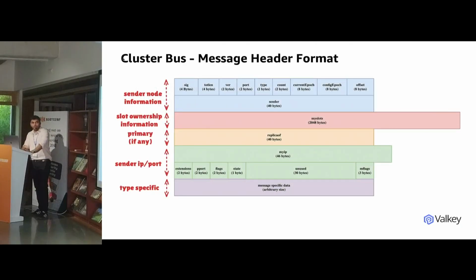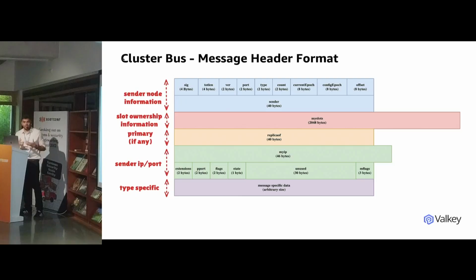So let's briefly look into the message header format of cluster bus. There are lots of different variables, but we don't need to focus on each individual one. The key idea is we want to send the sender information as part of the packet so that the node receiving it would try to connect to it or discover it through the sender name.